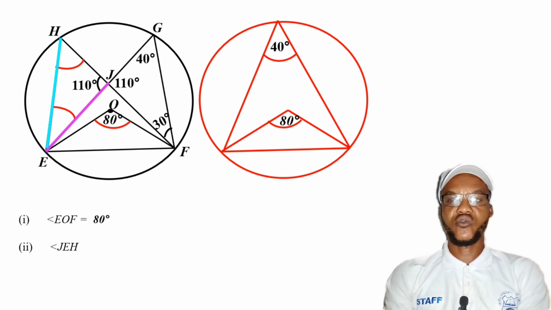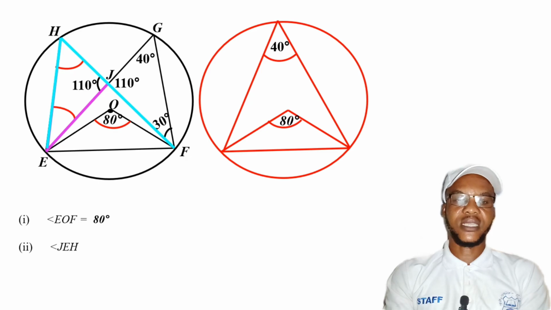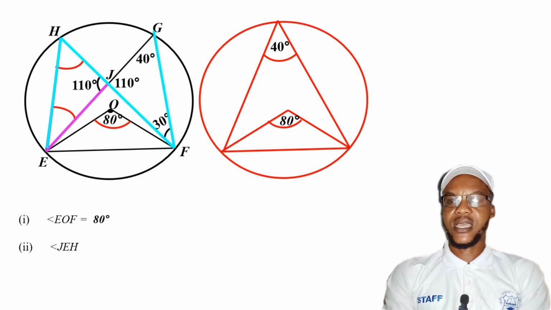But before that, we need to know one of the angles there. So we have to use this property again. You can recall that when we were doing the properties of circle geometry, we talked about this property.